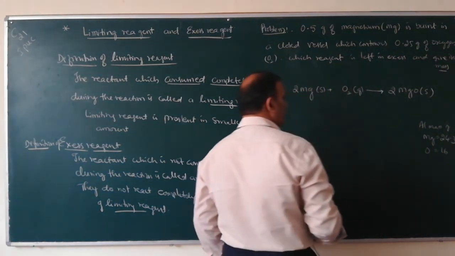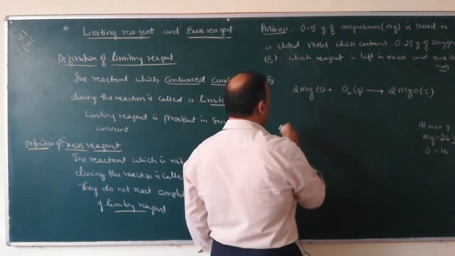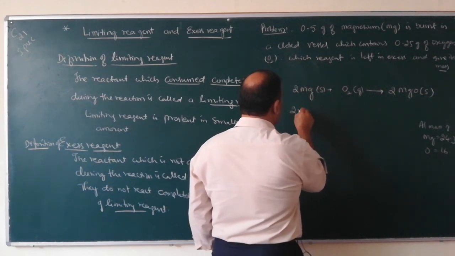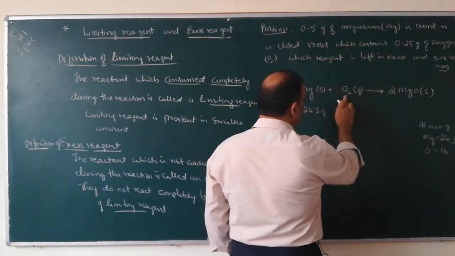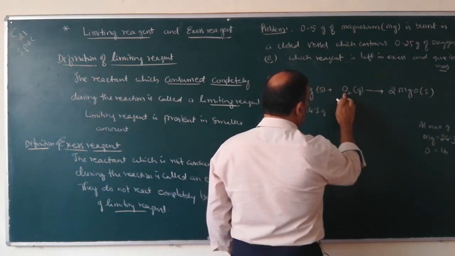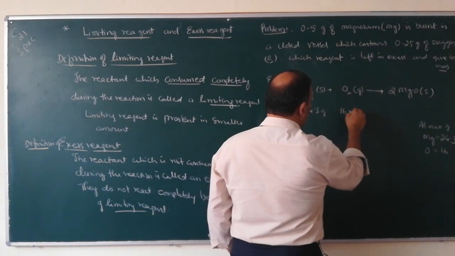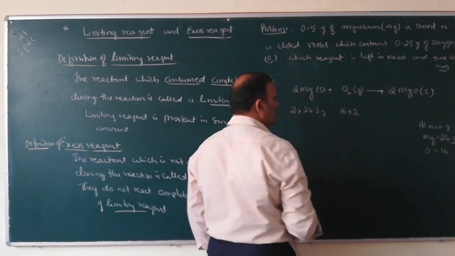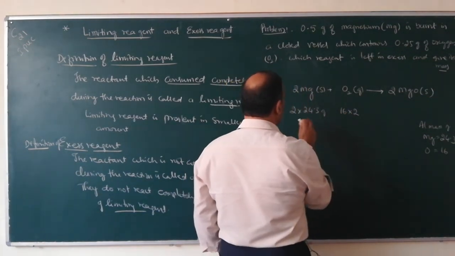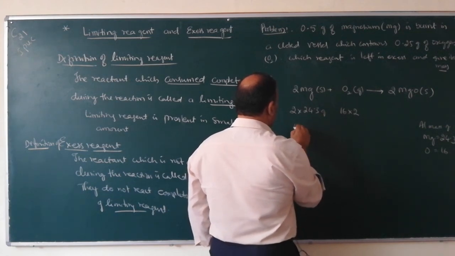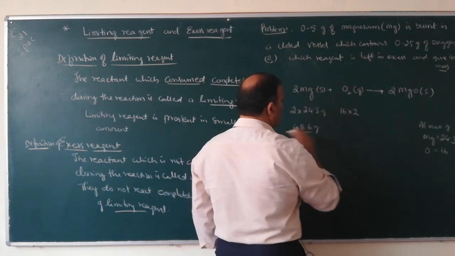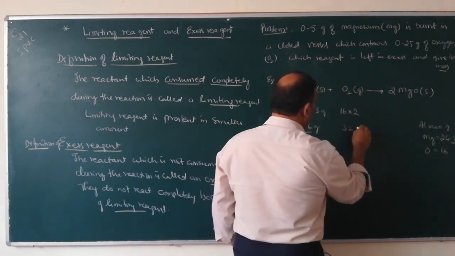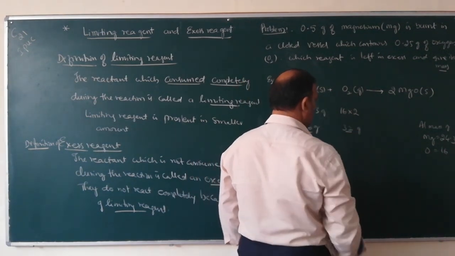So 2 into 24.3 grams of magnesium reacts with oxygen, and the atomic mass of oxygen is 16 into 2. So the total is 48.6 gram of magnesium reacts with 32 gram of oxygen.